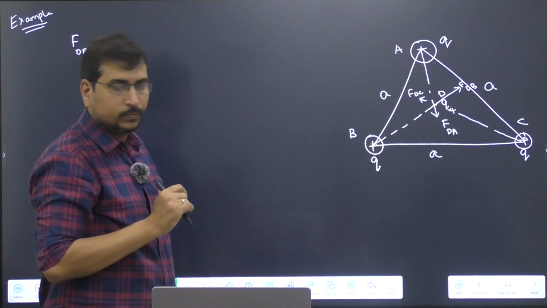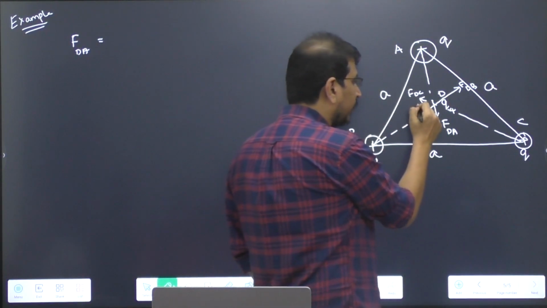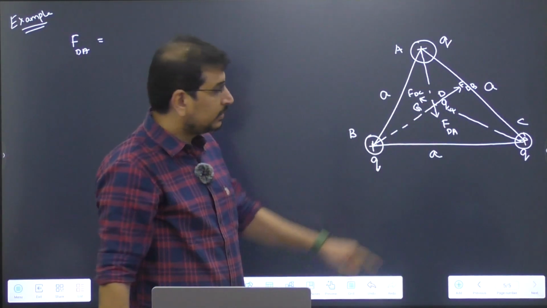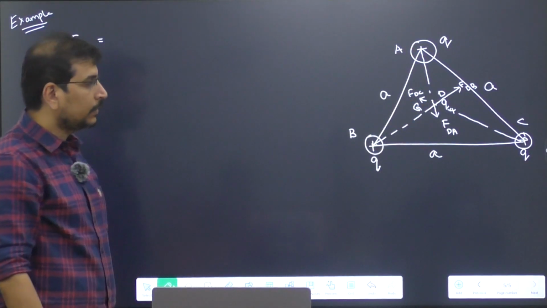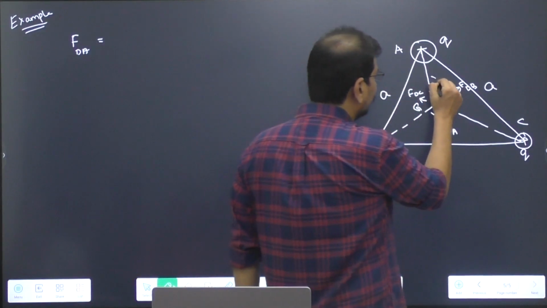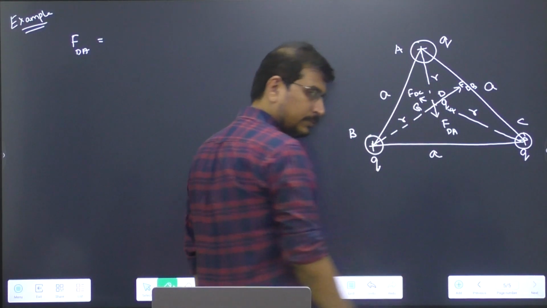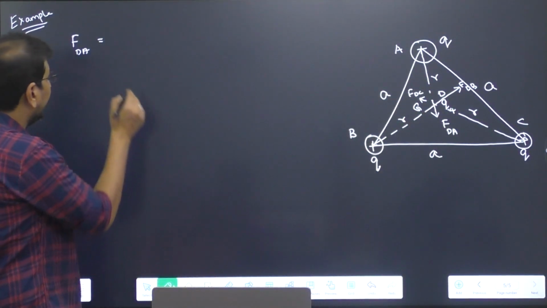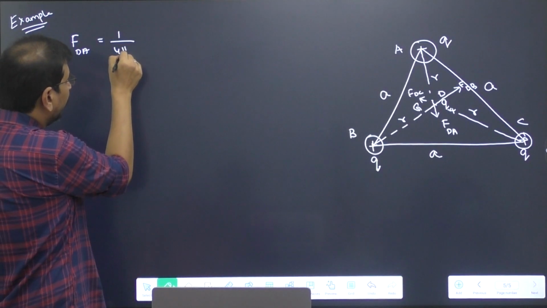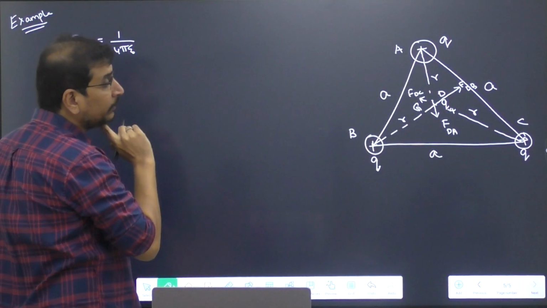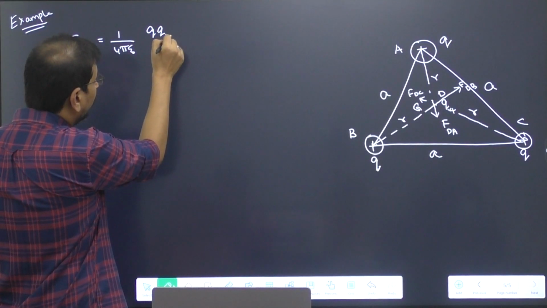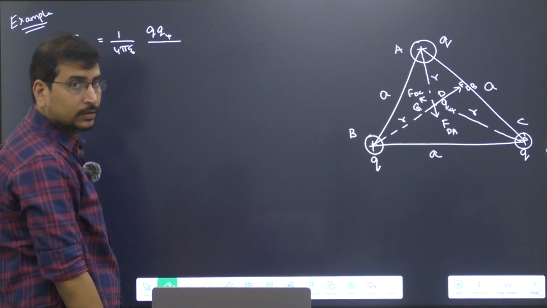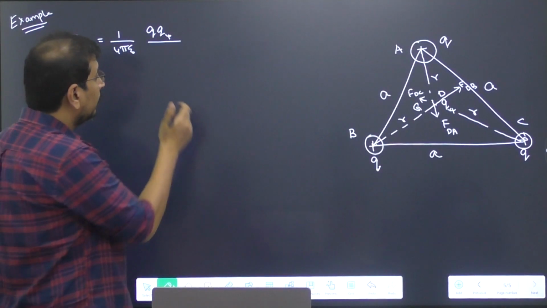Can I tell one thing? Since the centroid is at equal distance from all the vertices, if I say this distance to be R, then can I write F_DA is equal to 1 divided by 4 pi epsilon naught into Q into Q4 divided by R square?